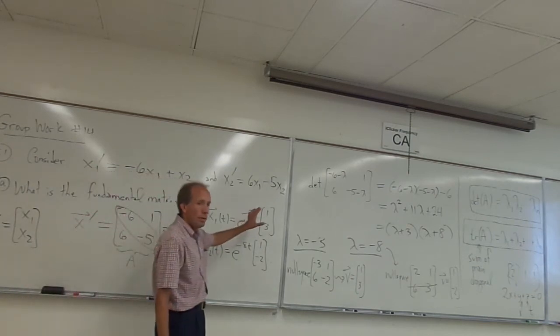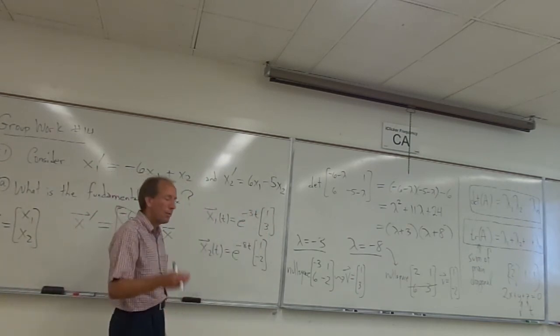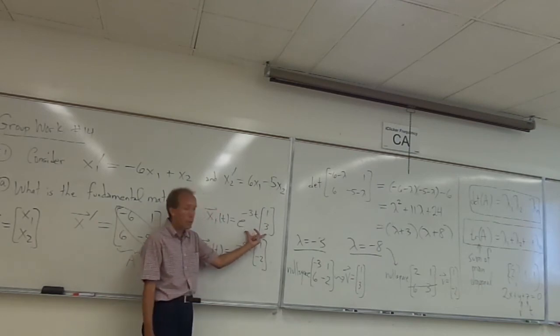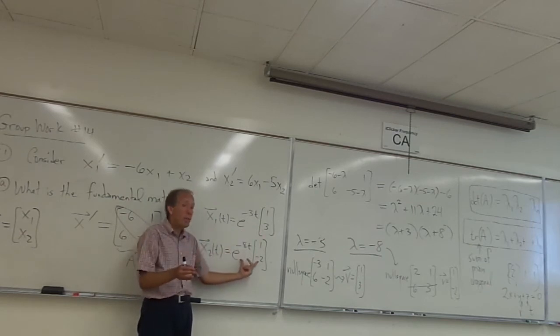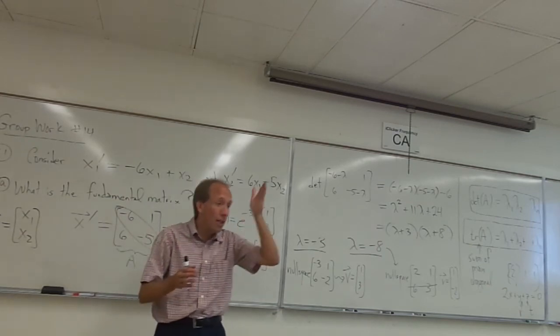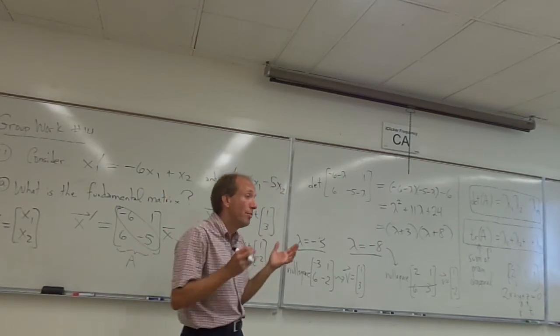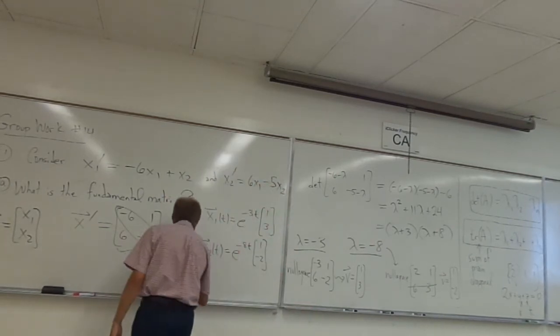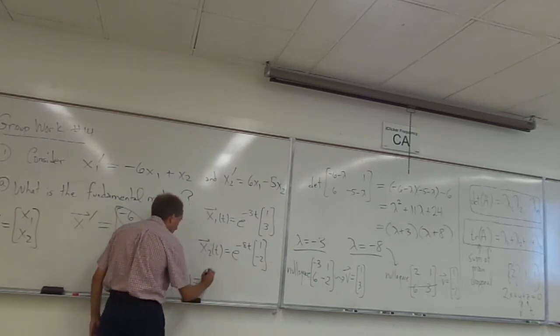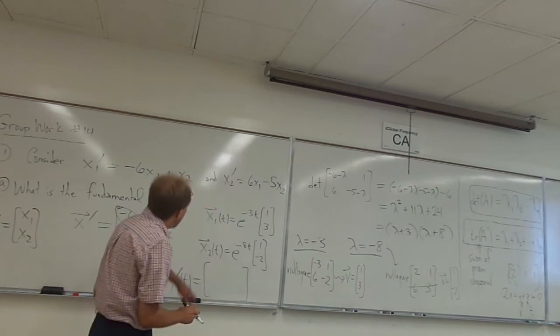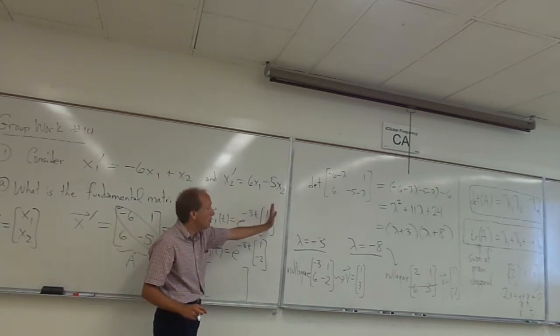So now we're ready for what Curtis told us, how to build the fundamental matrix. Basically, this expression right here for x1 is a single column. This expression for x2 is a single column. So we can build those two columns, and we'll get a 2x2 fundamental matrix, which I called capital X, if you remember. I think it's a little easier here to actually multiply the scalar into the vector.